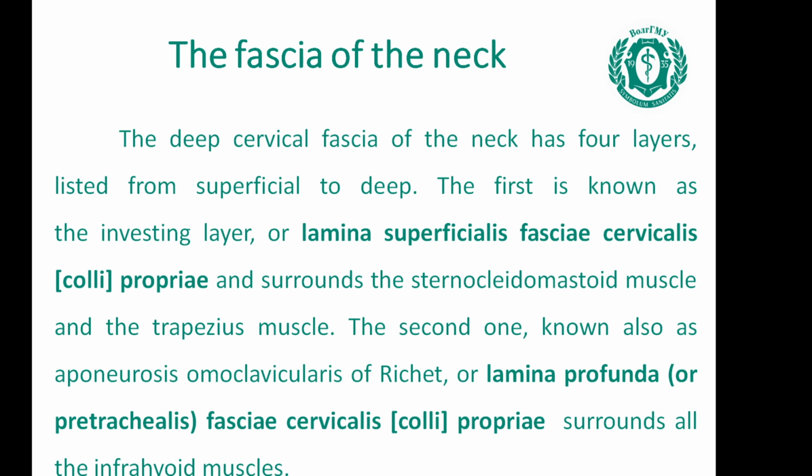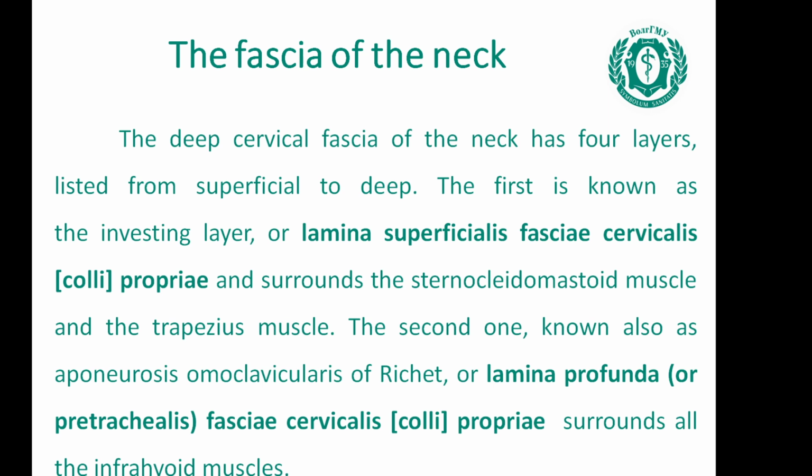The deep cervical fascia of the neck has 4 layers, listed from superficial to deep. The first is known as the investing layer, or lamina superficialis fasciae cervicalis, or colli propria in Latin, and surrounds the sternocleidomastoid muscle and trapezius muscle. The second one, known also as the aponeurosis omoclavicularis of Richet.